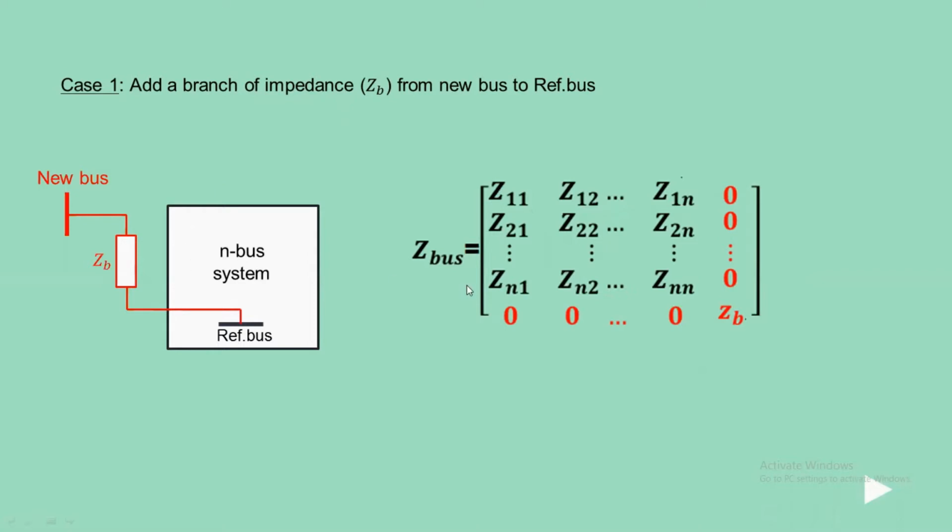Now check the bus numbers. The bus number is n plus 1. Then check the order of the matrix, n plus 1 by n plus 1. So both are the same: the total number of buses and the order of the matrix. So this is the final matrix for case number 1.